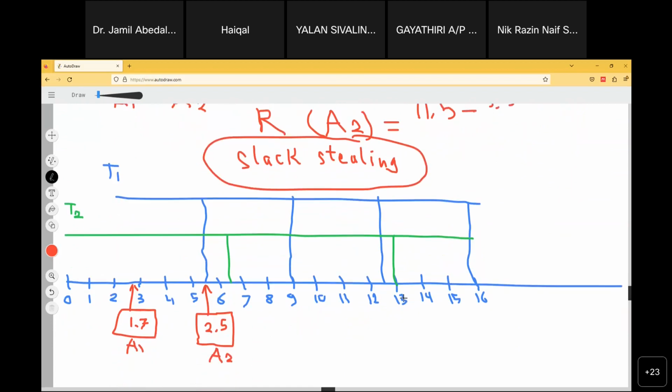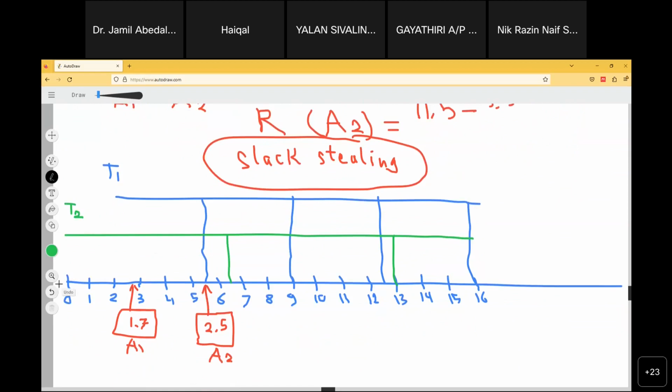First of all, as I told you, starting from 0, how many units ready to be executed? We have only task 2, since task 1 starting at 2, A1 starting at 2.8, A2 starting 5.5.